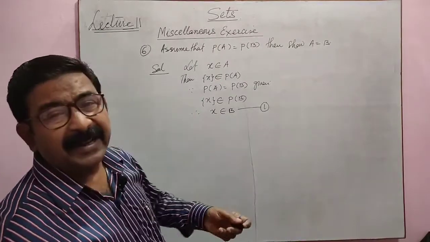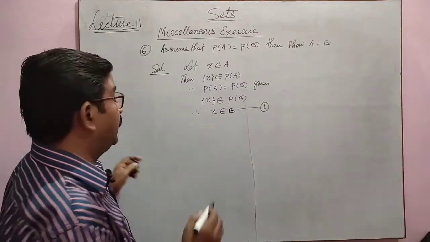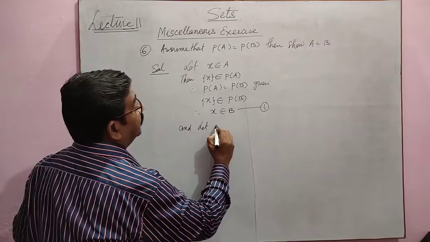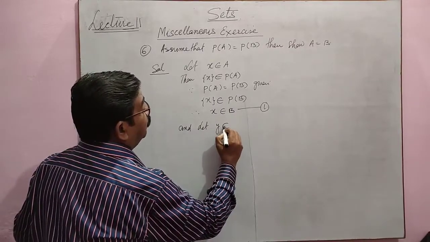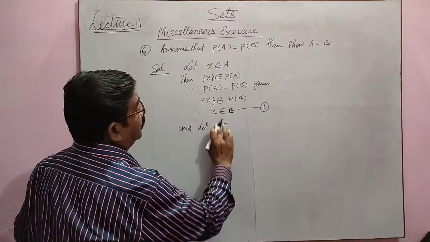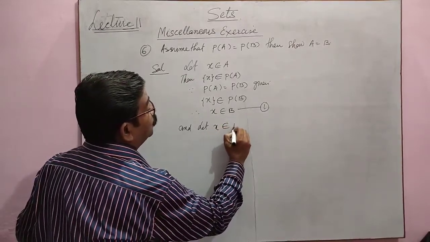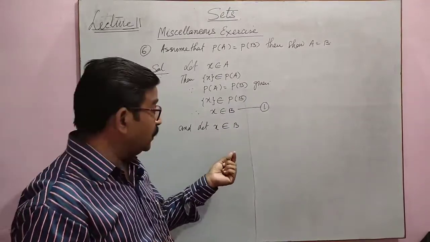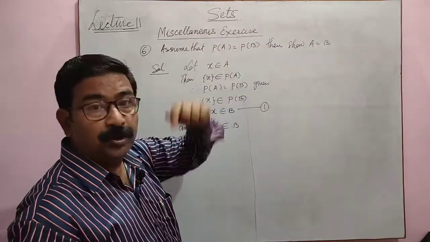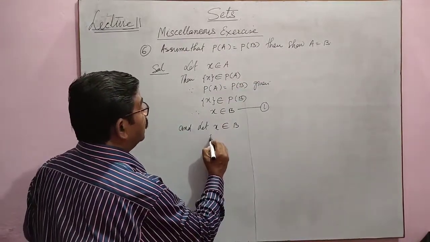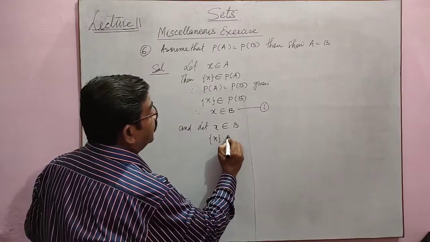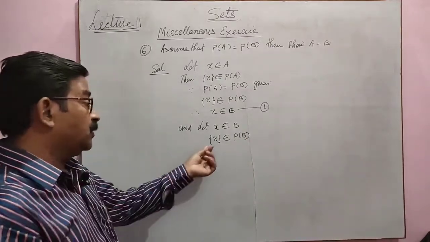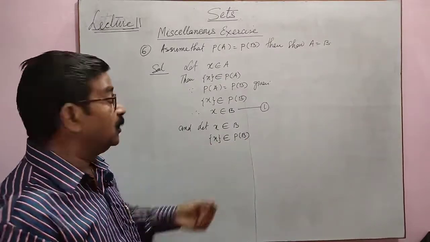Now we may take any other element or the same element. Let X belong to B. Now we are assuming any element X which belongs to B. Then this subset X will belong to PB, because it is a power set.